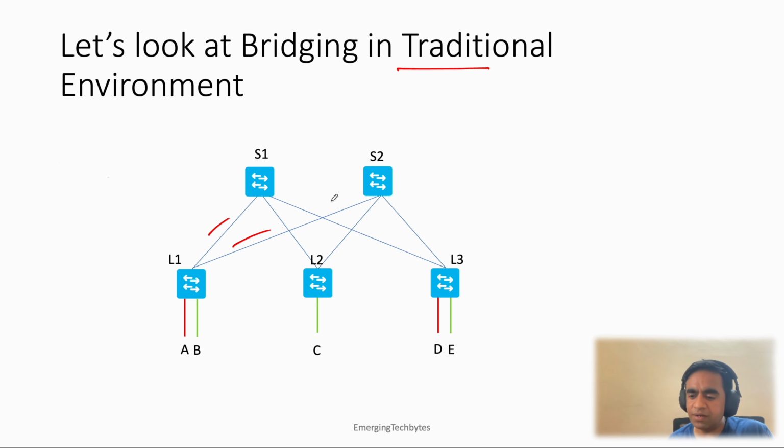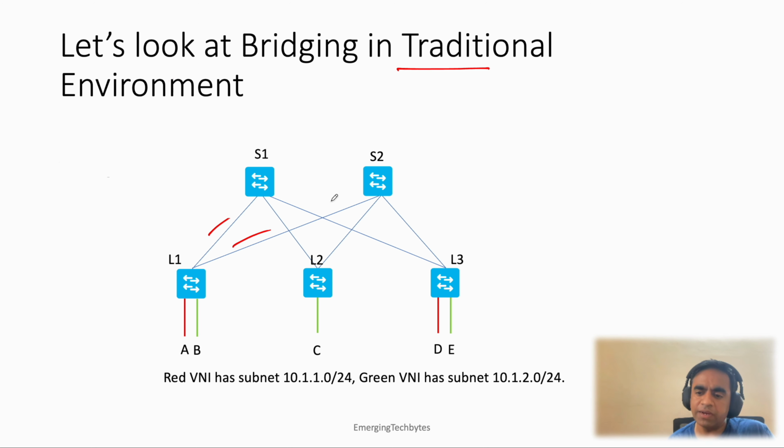Ignore VNI for now; we will come to VNI later when we change this scenario to EVPN. For now, just say that there are a red VLAN and a green VLAN, and one of them has 10.1.1.0, another one 10.2.0. For our discussion, we will be communicating from A to D, and for simplicity I have kept the IP addresses 10.1.1.A and 10.1.1.D.